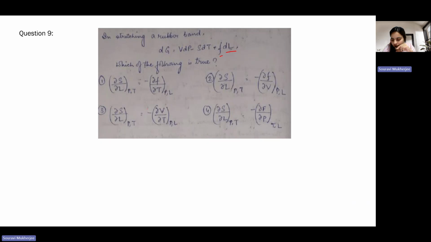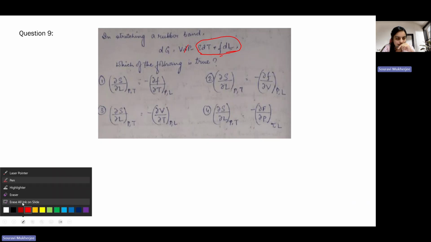For this kind of questions, you should be careful about looking at the options provided. In all these options, you can see that pressure is always constant. That means you don't need to actually care about this term. Right? So now if you just look at these two terms, setting dP to 0, you can look at these two terms.